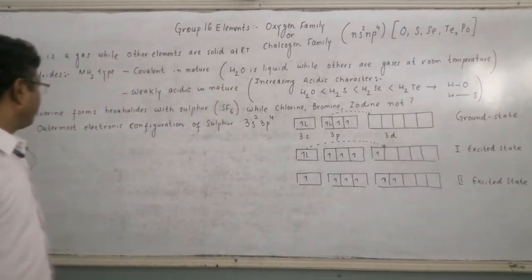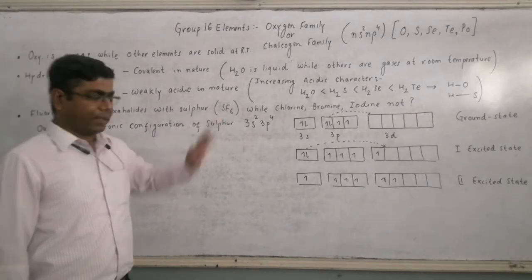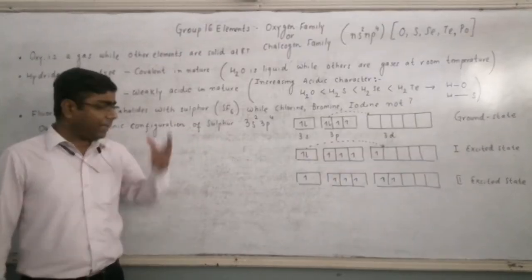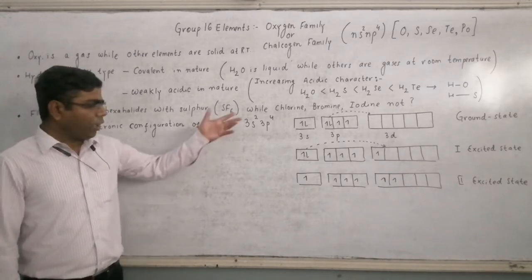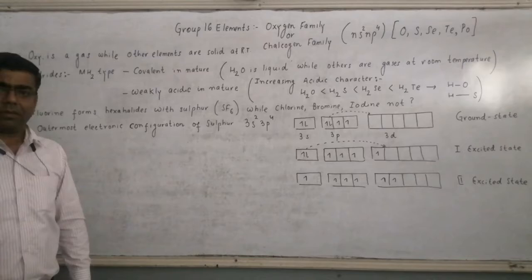Then comes the next one. Fluorine forms hexahalides with sulfur. Means we are talking about SF6. Sulfur can accommodate 6 fluorine atoms at a time, but it is not possible for other halogens.